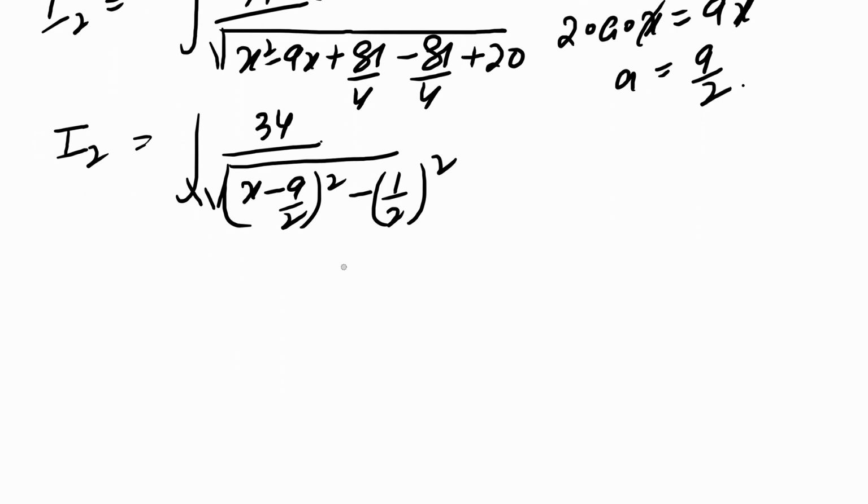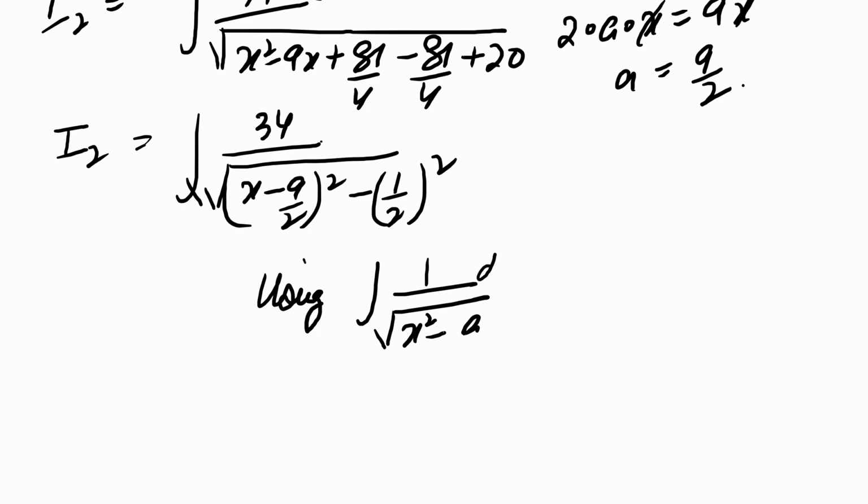See, as long as the coefficient of x is 1 and the power of x is 1, we can directly use the formulas. The formula is integration of 1 upon under root x square minus a square dx is equal to ln of x plus under root x square minus a square plus c.